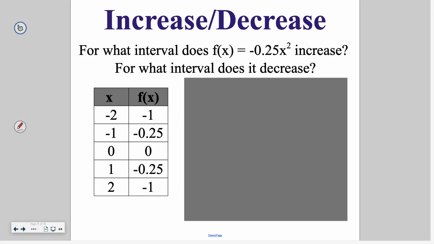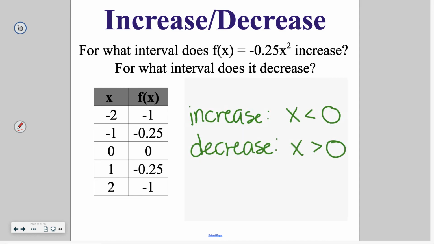Go ahead and identify the intervals for f of x equals -2.5x squared, where there is an increase, and then also identify the area where there is a decrease. In this case, our increase is anything less than 0. So when I go from -1 to -2.5, I'm going up.